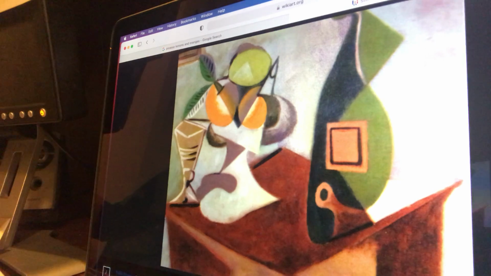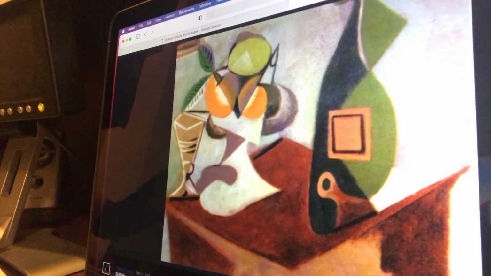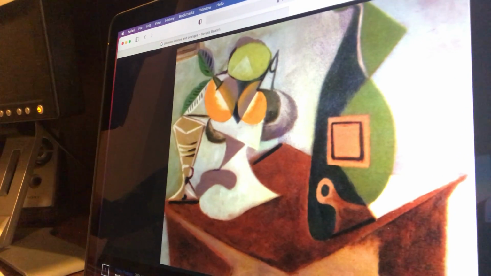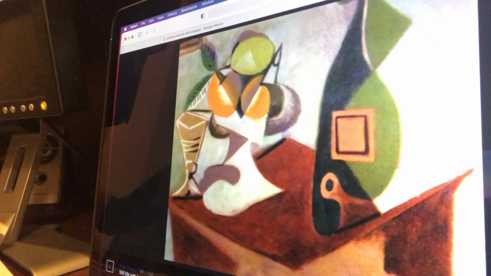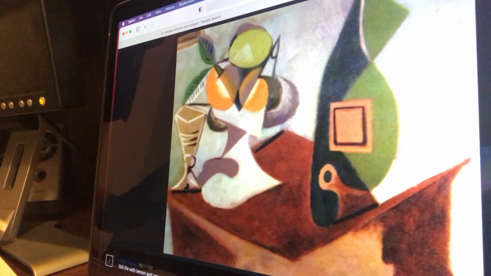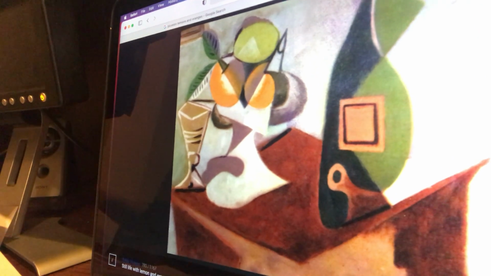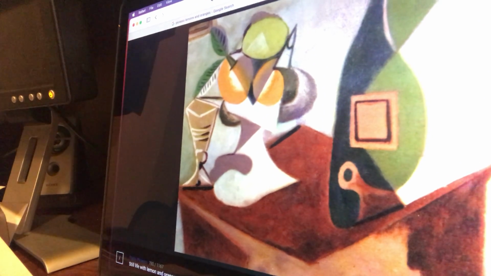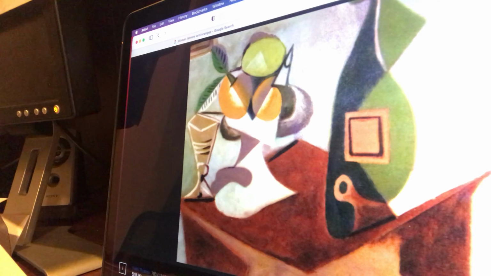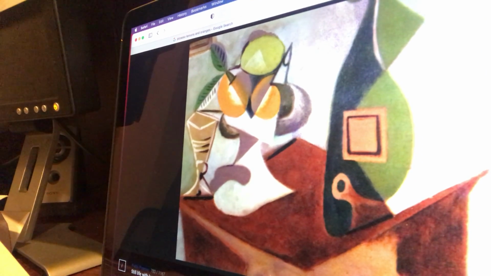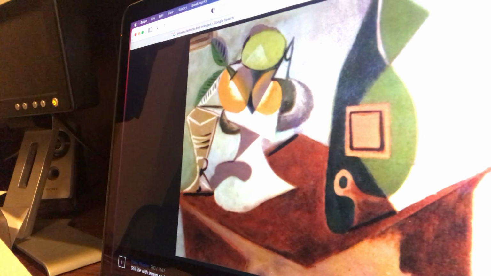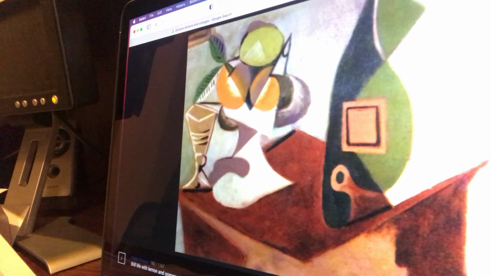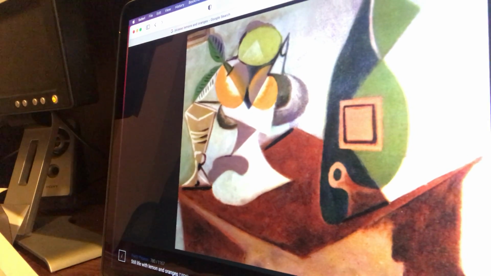So an orange, it's a circle, right? A lemon is like an oval. Sometimes they would show multiple viewpoints of a particular image. Sometimes they looked like pictures of fractured glass. So they want you to see all sides of an object, or turn it upside down, or turn it sideways.